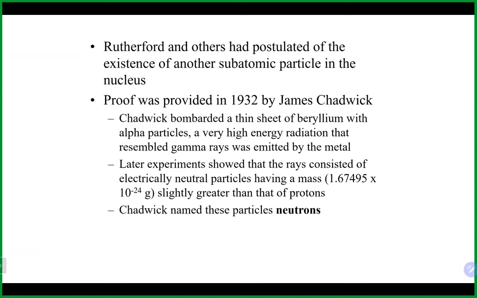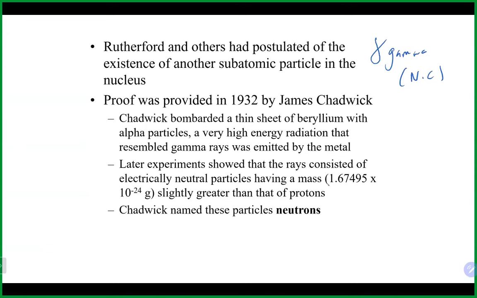He did a lot of work with beryllium, and what came off of these sheets of beryllium was radiation that resembled gamma rays. And gamma rays, if you remember, have no charge, just pure energy. So he called these particles neutrons, which are also found in the nucleus.